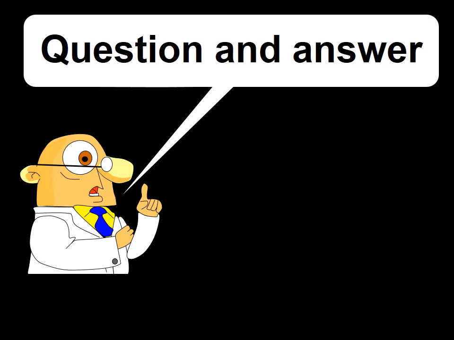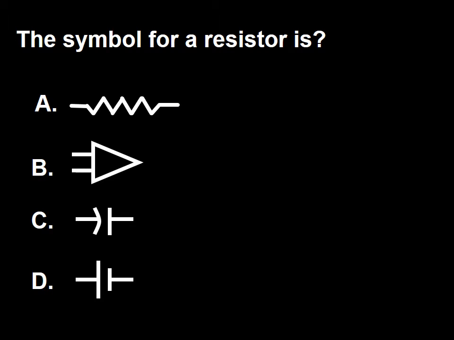From this point on, this talk will be conducted in a question and answer format. The first question is: just look at this figure and decide which one is the symbol for a resistor.